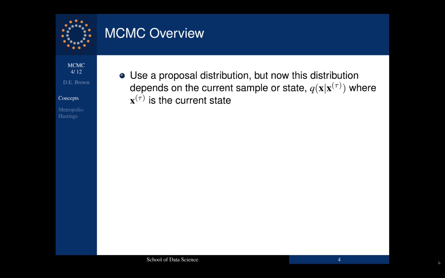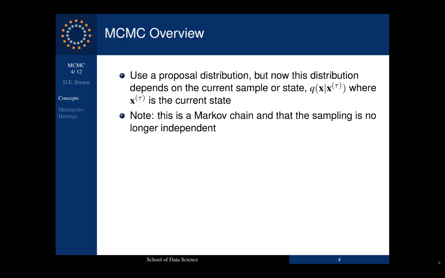As we saw with our Monte Carlo sampling, this is also going to use a proposal distribution. The big difference is that a proposal distribution is not just Q of x, but Q of x given x tau. So it's dependent upon the current state, which we call x tau, the state where we're currently at for our sampling. This is the most important thing to understand about Markov chain Monte Carlo.